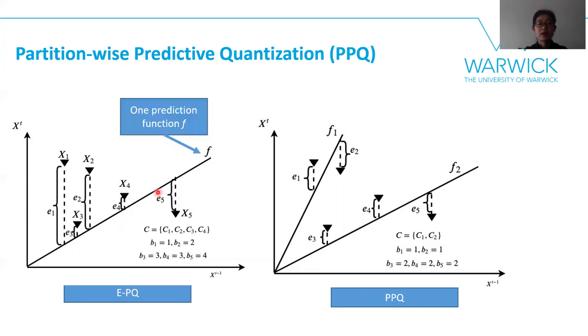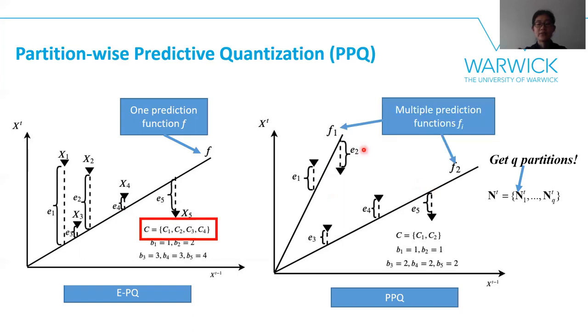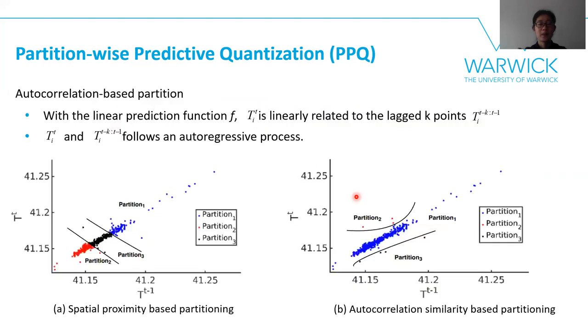The example here on the left, with one prediction function for the whole dataset, gives a codebook of size 4. On the right, the figure uses partitioning and a prediction function for each partition. It achieves more accurate prediction and the size of the codebook is reduced.